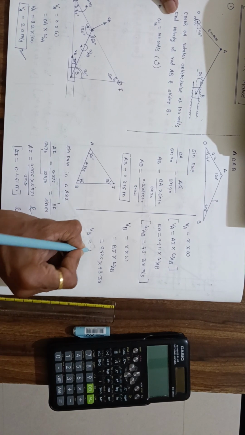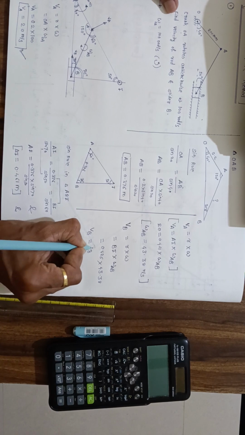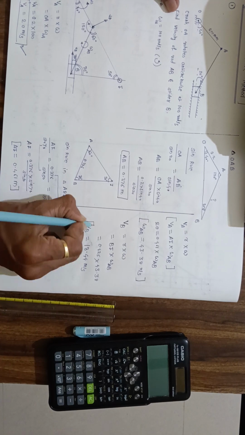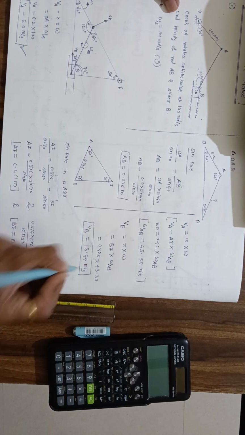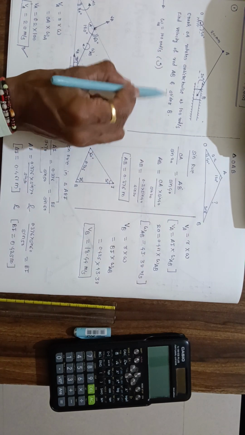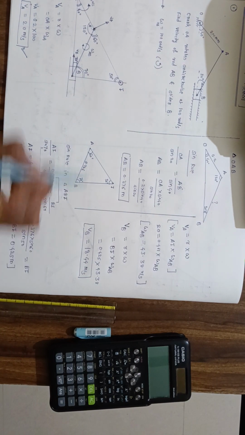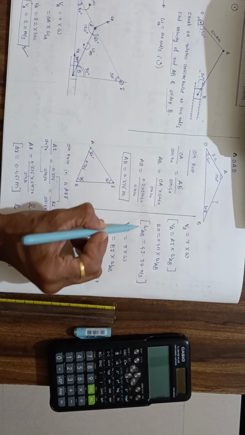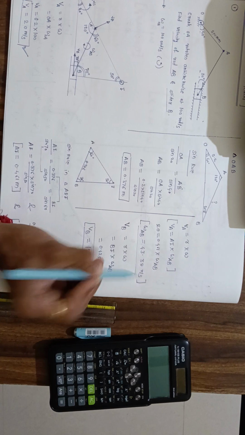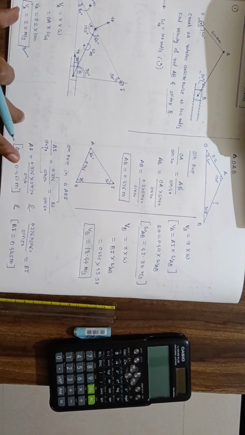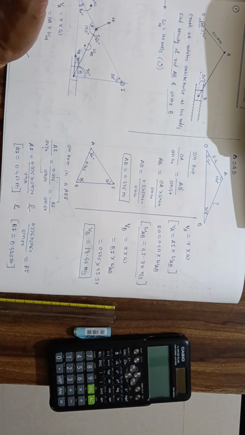From this VB is equal to 18.44. So this is the final answer. The slider velocity is VB, and the angular velocity of rod AB is omega AB. So this is how we can solve the problem on the ICR method for the slider crank mechanism.